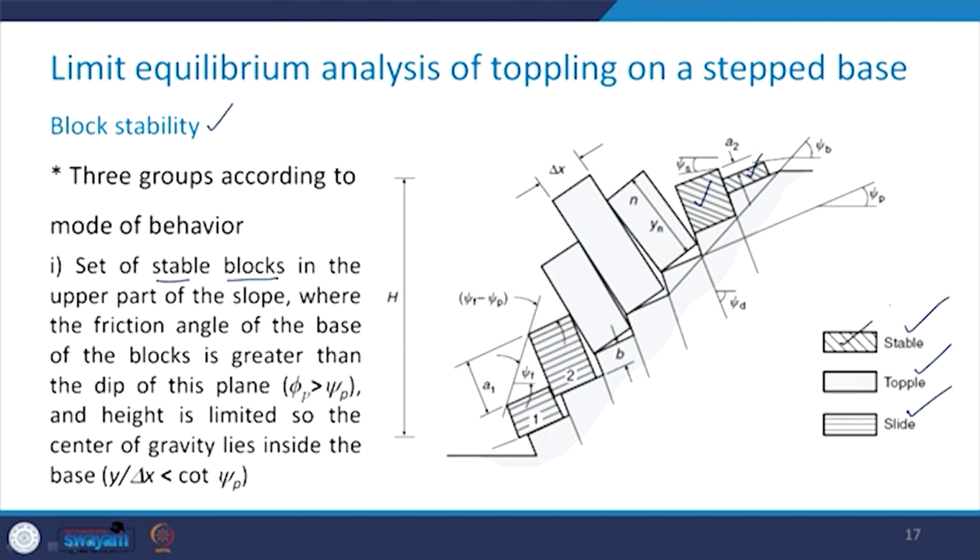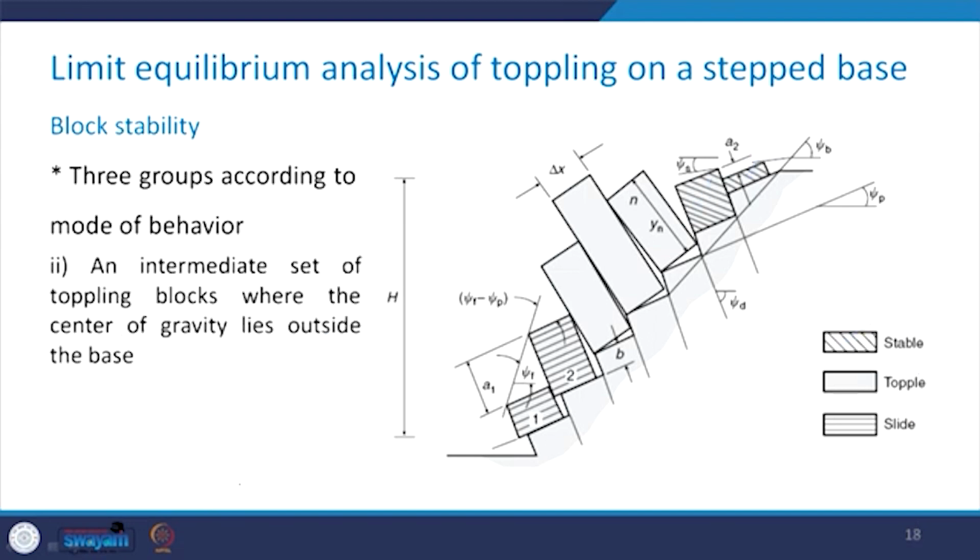In this case, the friction angle of the base of the block is greater than the dip of this plane, that means phi p is more than psi p, and the height is limited such that the center of gravity of these blocks lies inside the base. That means this condition is satisfied: y upon delta x is less than cot psi p.